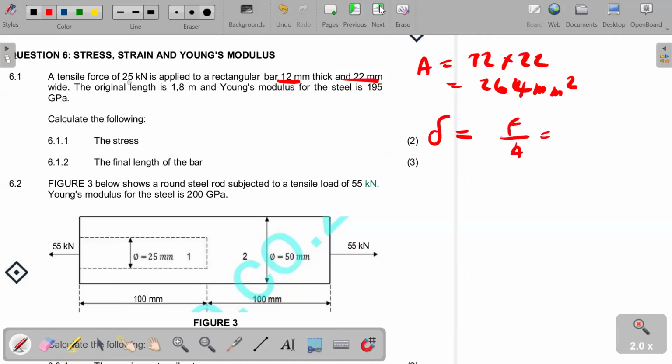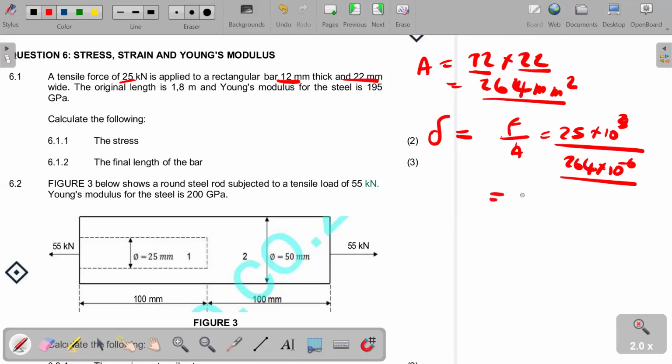So our tensile force 25, we simply say 25 times 10 to the power of 3, that's kilo there, divided by the area, 264 times 10 to the power of negative 6 to change square millimeters to square meters. So let it be known that when you want to change square millimeters to square meters, multiply by 10 to the power of negative 6. Or alternatively, you could have changed these millimeters already to meters. Then you calculate and you find your answer already in square meters.